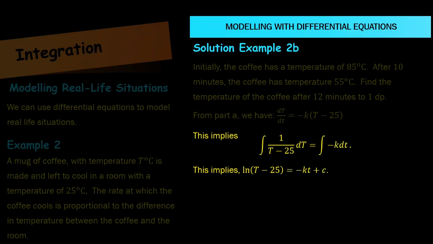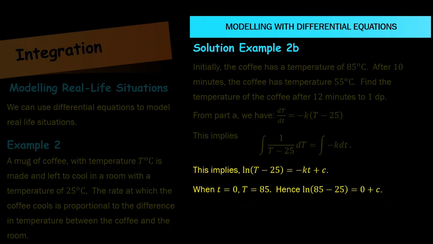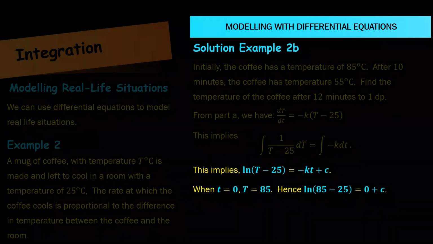Now we also know that when t equals 0, capital T equals 85. And so plugging in capital T and little t into the equation gives us ln of (85 minus 25) equals 0 plus c.